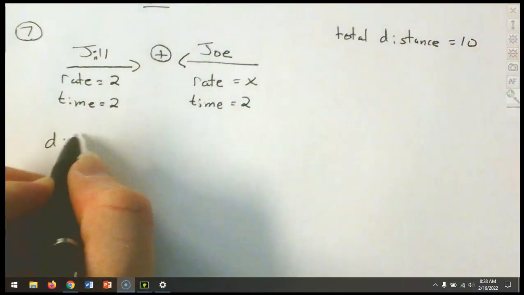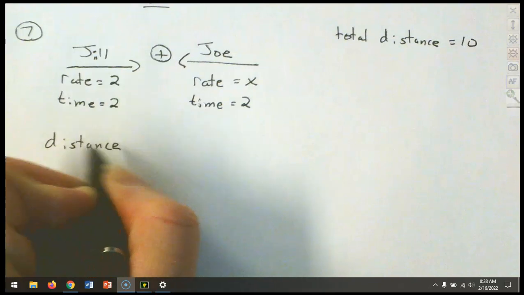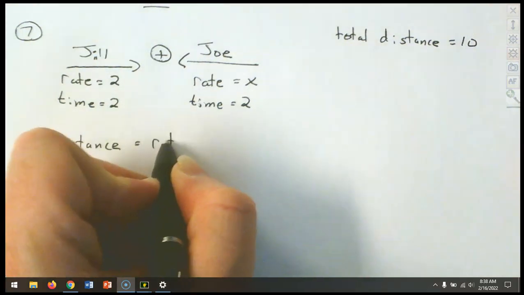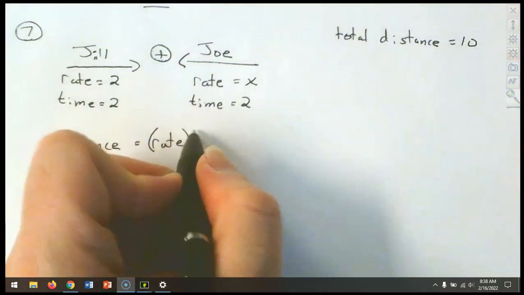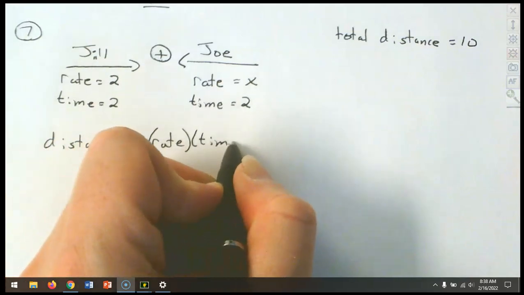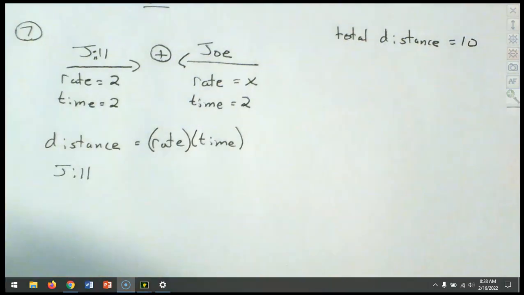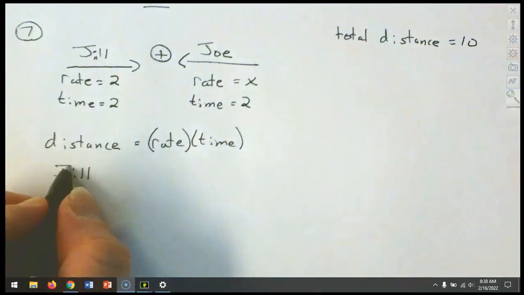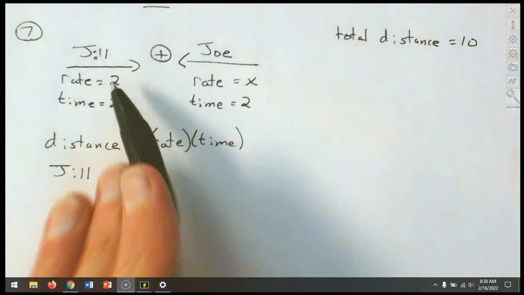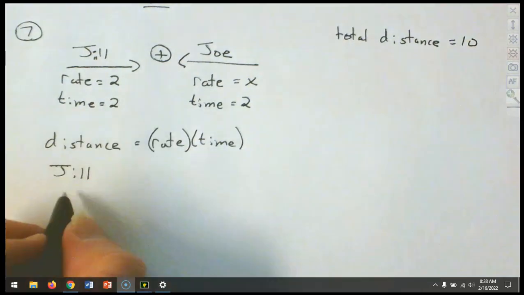Because the distance is going to equal the rate times the time. So we're going to find the distance that Jill travels. Well, Jill's rate is 2. Her time is 2.